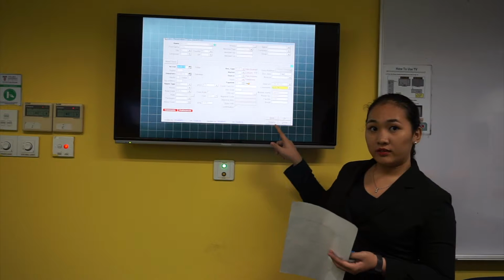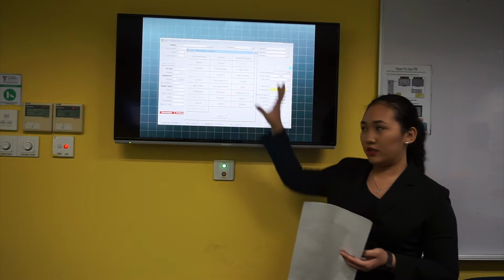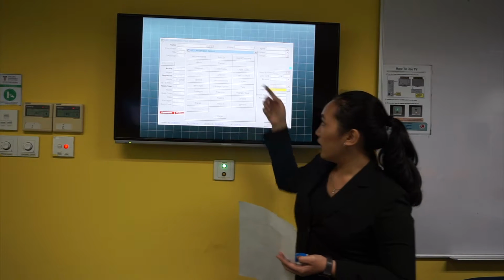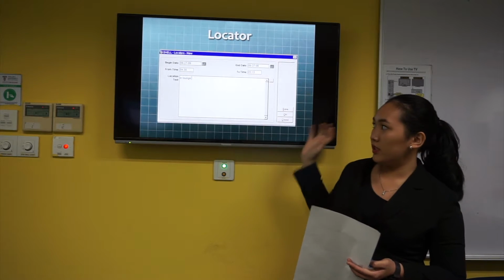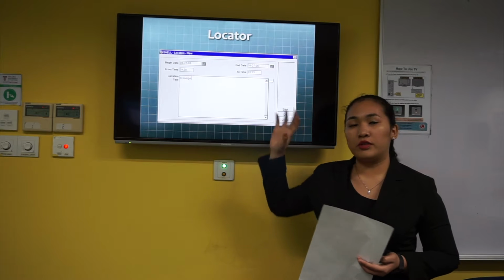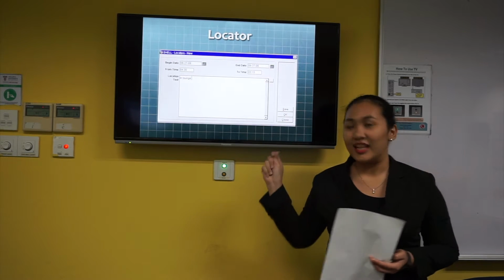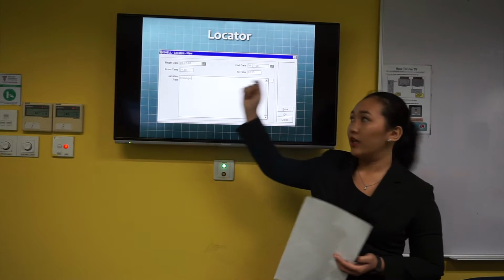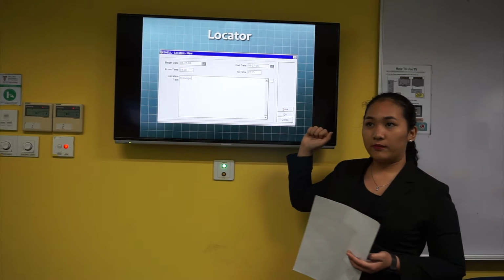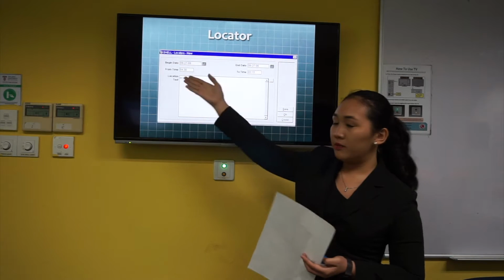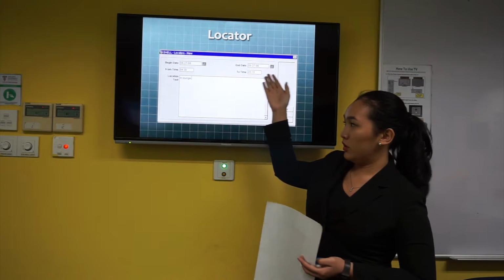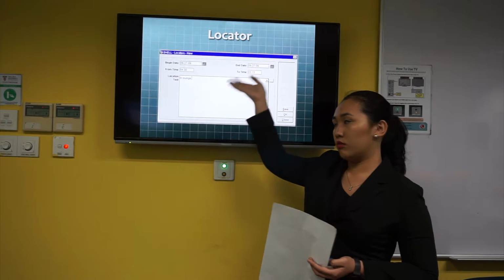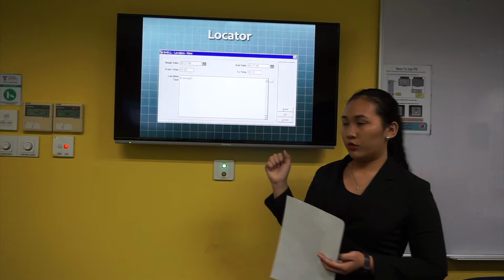You go to Options, and then you will see a lot of things, and then you just choose the locator here, and you will see it shown on your screen like this. Then you enter the date, when the date ends, and from what time until what time, and then you tell the location of the guest, whether it's in the lounge or the business center and so on.